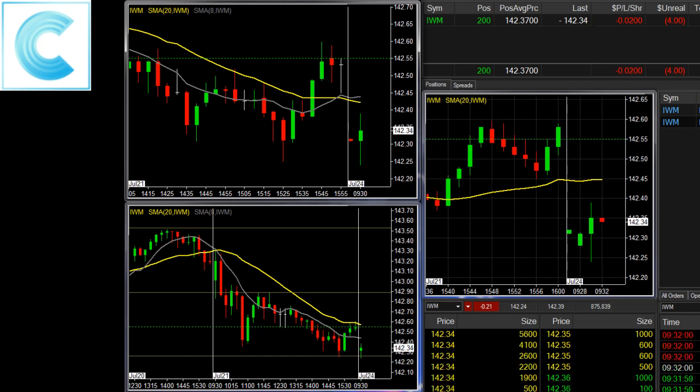Here's the bottoming tail going into an area of major support. I should have gotten out of this trade when it dipped all the way back down. It was an early entry. The price seems to be hovering within 5 cents of my entry, so I'm currently down $8, $10 at the moment.